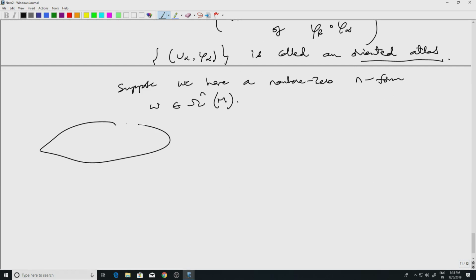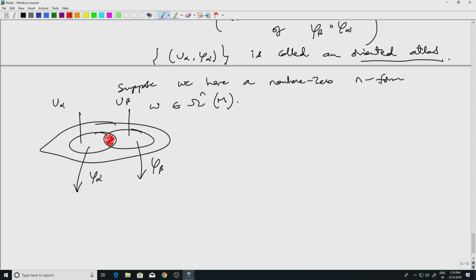Well, let's draw our usual picture. Here is U alpha, U beta, and here I have phi alpha, phi beta. Let me continue with this and I'll give the definition later on.